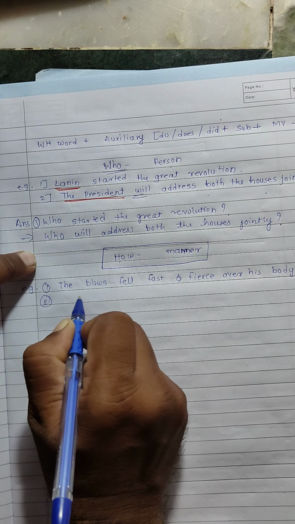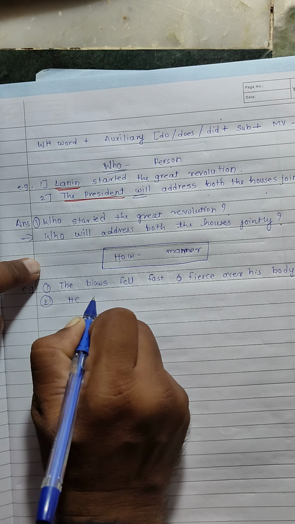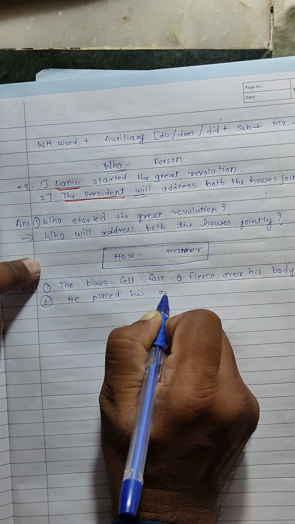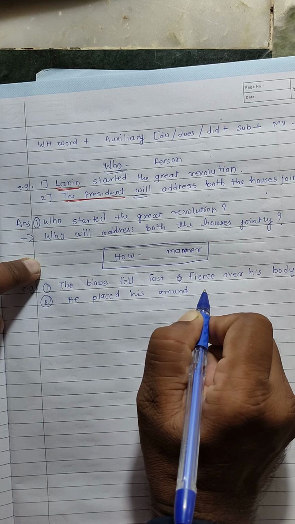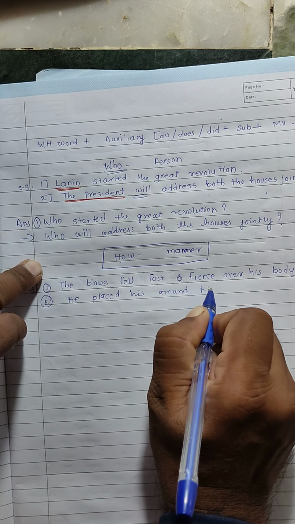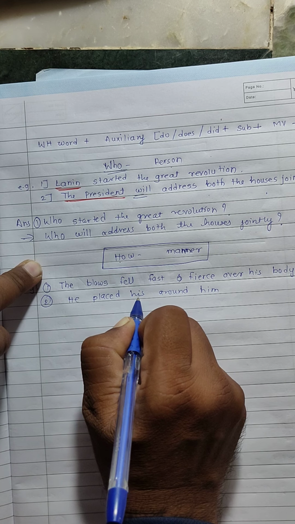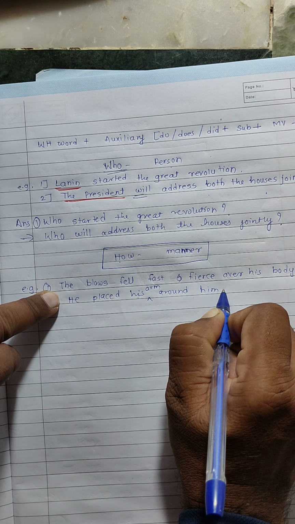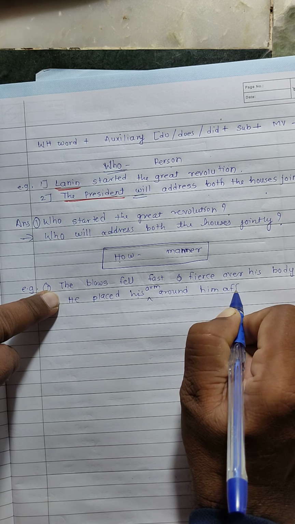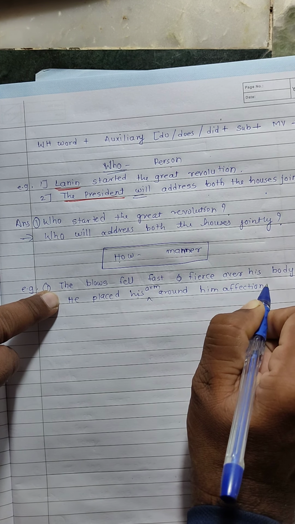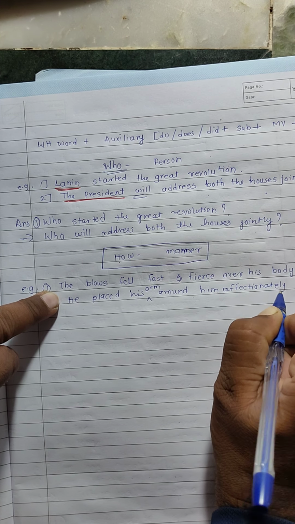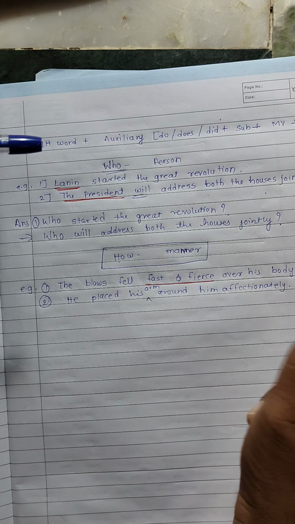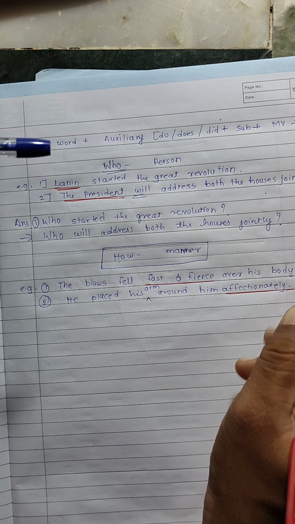Second, he placed his arm around him affectionately. So the underlined parts here are, in the first sentence, fast and furious, and in the second, affectionately.